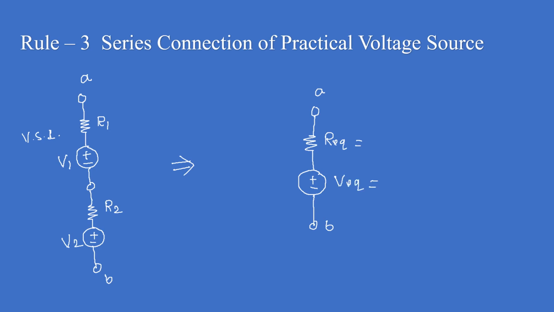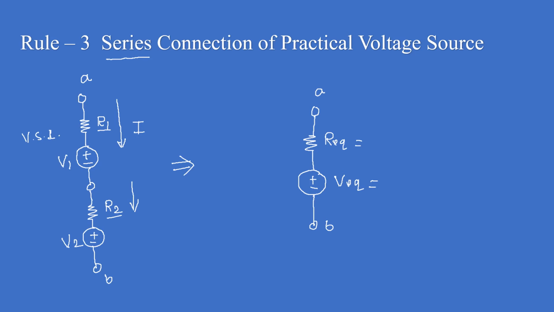The connection here is series, and in a series connection we know that the value of current is the same. If the current is flowing from A to B, this is the direction of the current I. So the current through R1 and R2 will be the same.